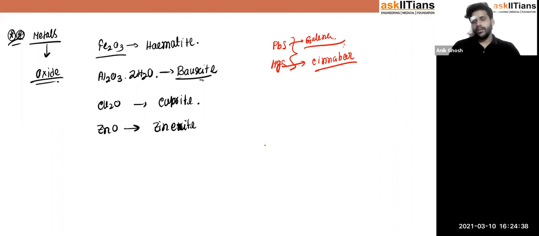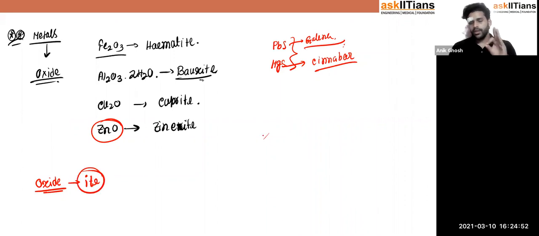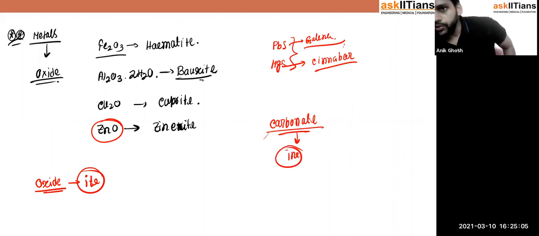There is another type of ore, like carbonate ore. For the oxide ores, you can remember like this: we use "ite" at the end. And for the carbonate ores, we use "ite" as well.